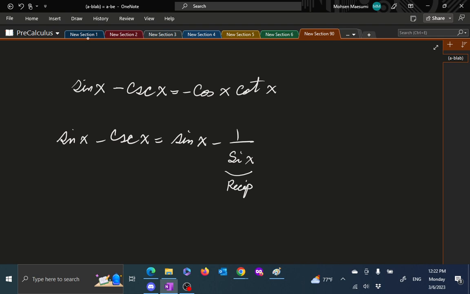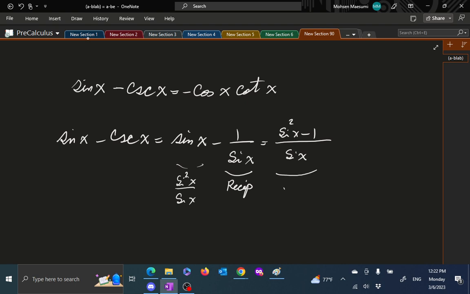Next, I take common denominator. So common denominator meaning multiply this thing by sine of x. So I take this one and write it as sine square of x over sine of x. Multiply numerator and denominator by a sine.